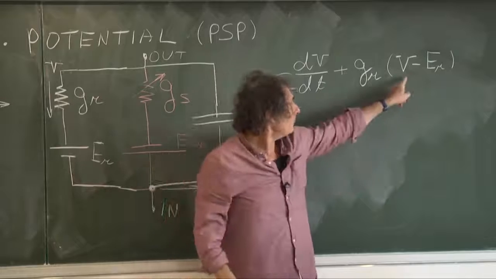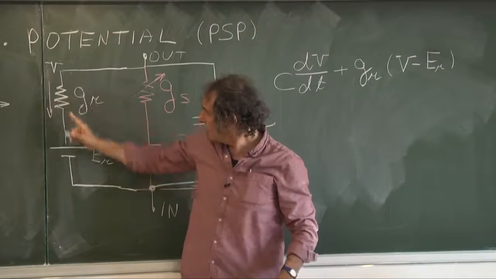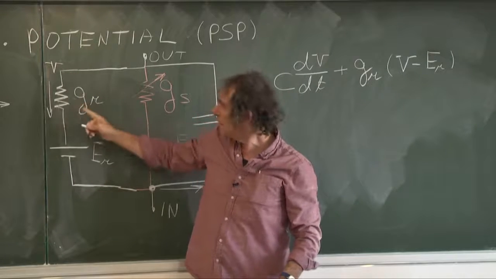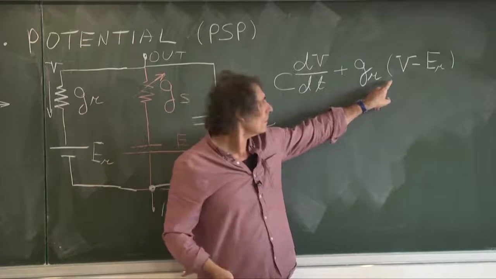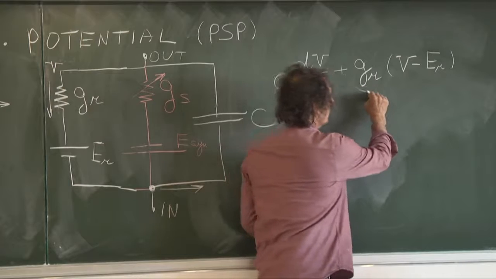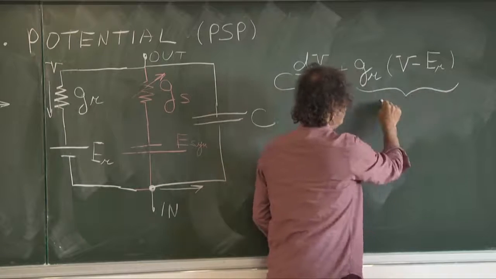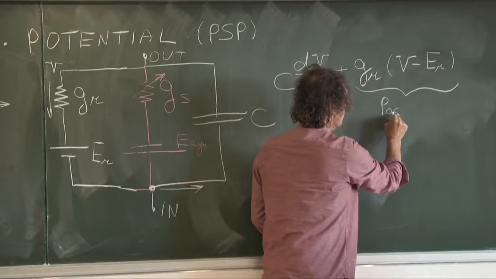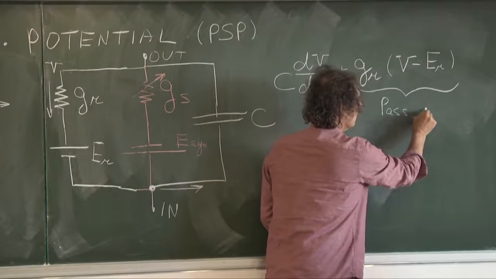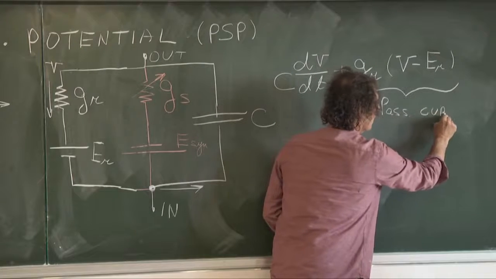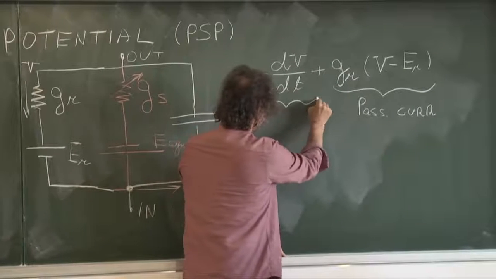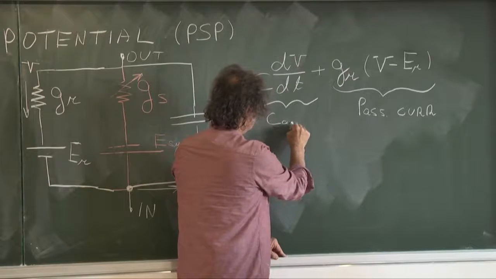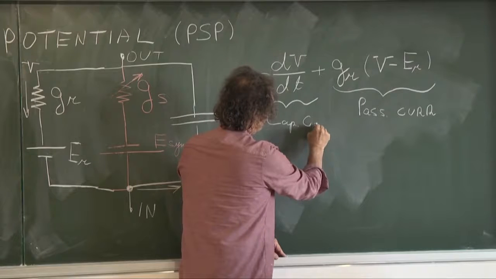This is the voltage difference between the two sides of this conductance, multiplied by G. So this is the passive current. This is the capacitative current. That's like before.